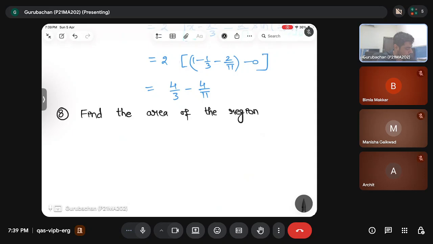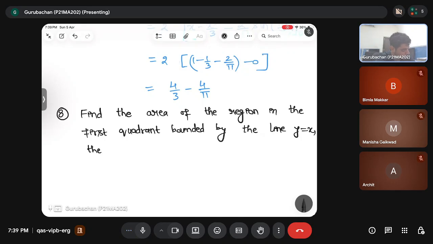Find out the volume by slicing in the first quadrant bounded by the line y equal to x, the line x equal to 2, the curve y equal to 1 by x square, and the x axis.